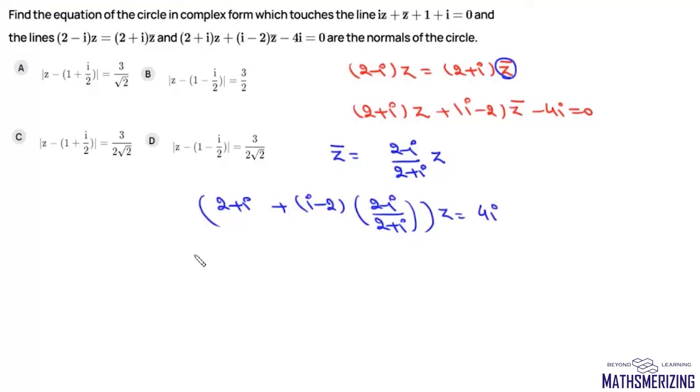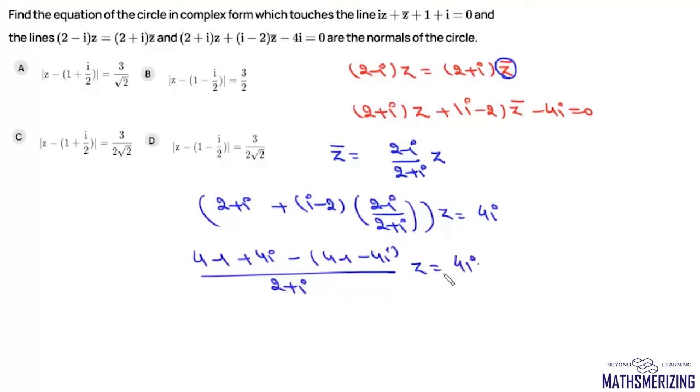Now we'll solve it. We'll get 4 minus 1 plus 4 iota, and it will be minus 4 minus 1 minus 4 iota upon 2 plus iota Z, and it will be equal to 4 iota. Now 4 and minus 1 will cancel.